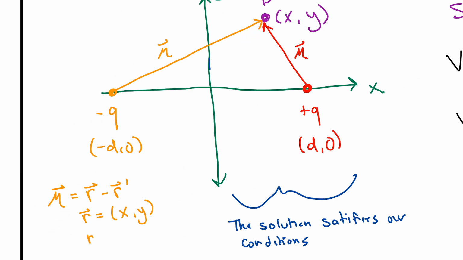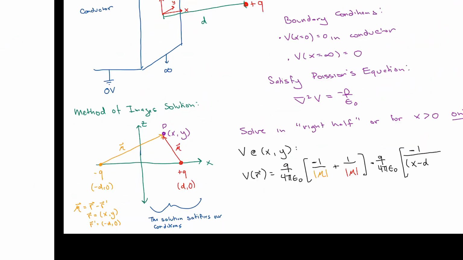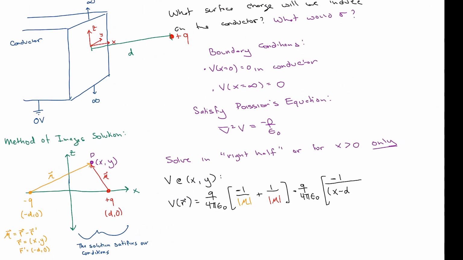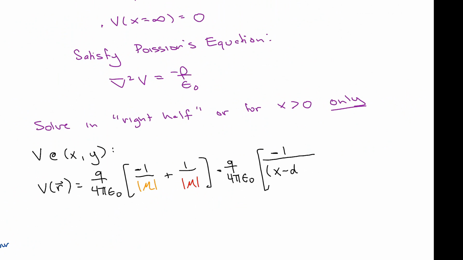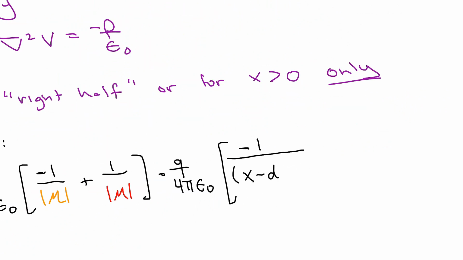Our r prime, that's the vector that goes from the origin to our point charge. So that is going to be equal to negative d, 0. Okay, so when I subtract this one from this one, hopefully that makes sense what I'm getting for my separation vector over here. And I didn't do that in 3 dimensions, but the z also does the same thing as the y, okay.